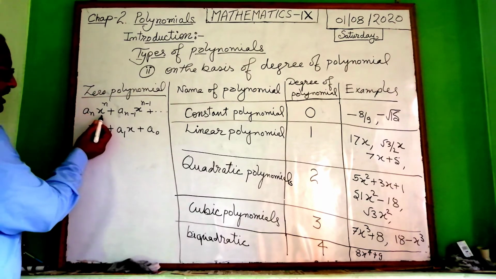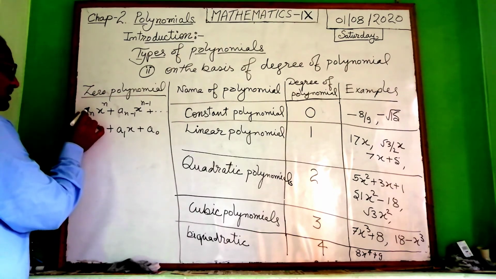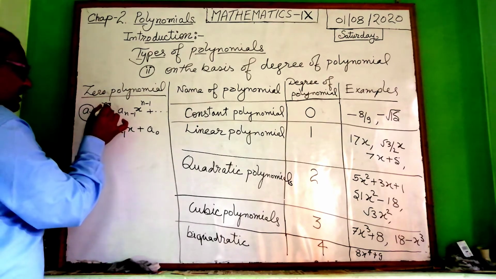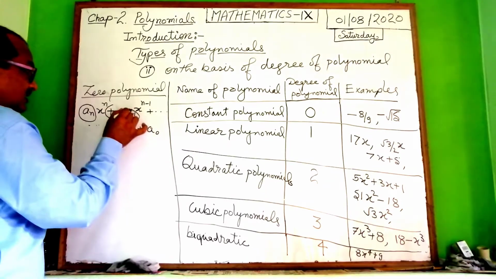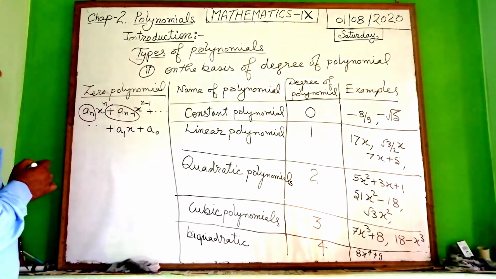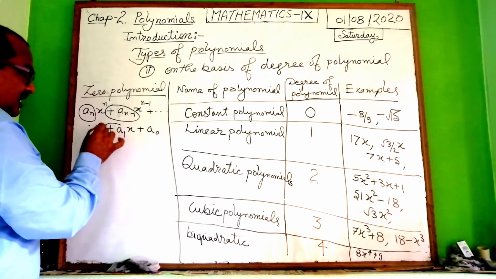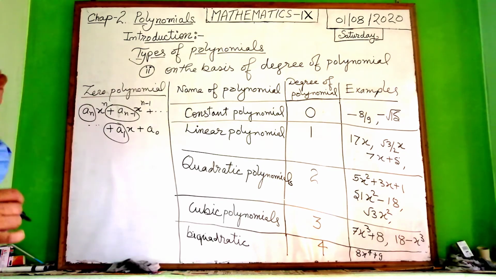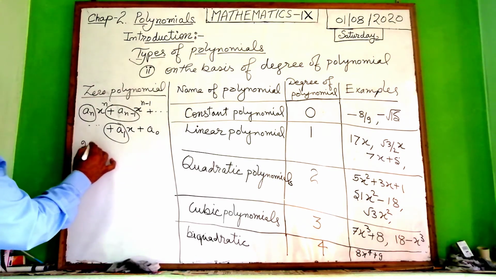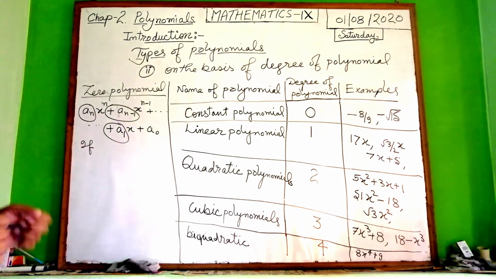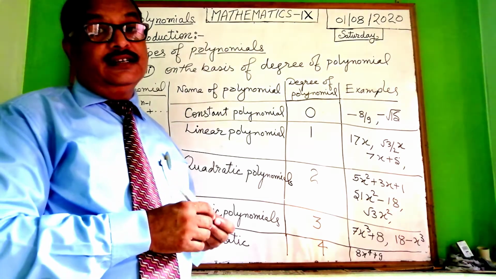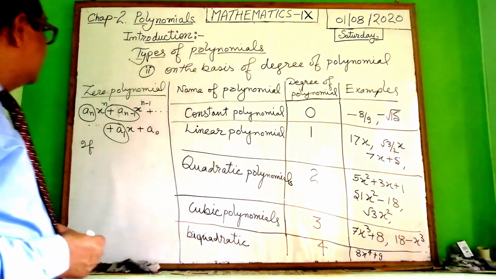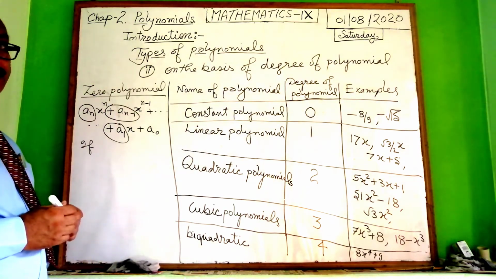You can see in the first term the coefficient is an, in the second term the coefficient is an minus 1, and these are the coefficients. So students, if each coefficient and the constant term becomes 0, that is called a zero polynomial.